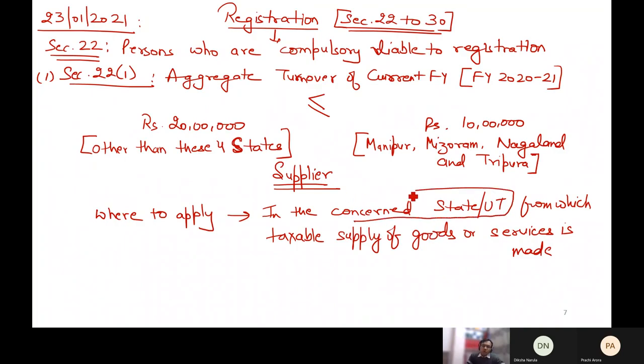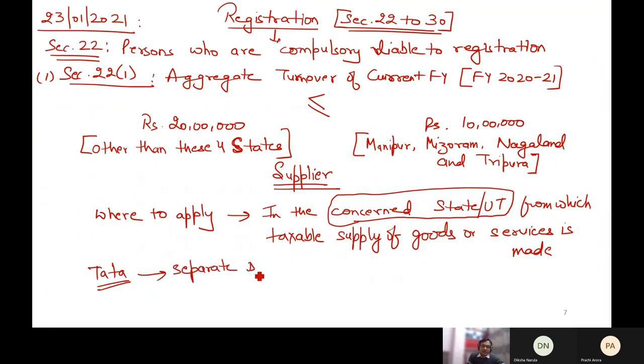Now with this, do you know all big companies have to take so many registrations? For example, Tata is having business in almost every state and UT. So they have to separately take registration for each and every state and UT.